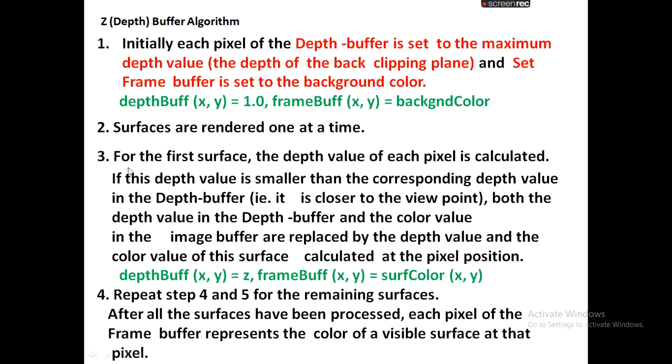After completion of step 3, we need to repeat steps 2 and 3 for the remaining surfaces. This is step 4. In step 4, we need to repeat steps 2 and 3, meaning we need to select the next surface.